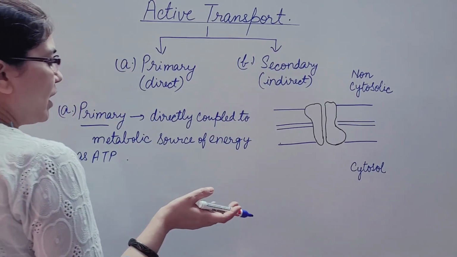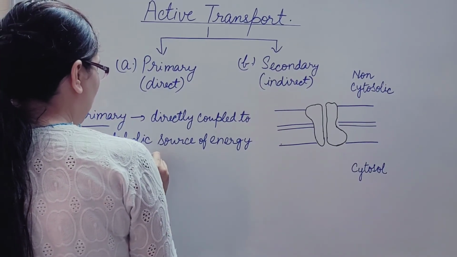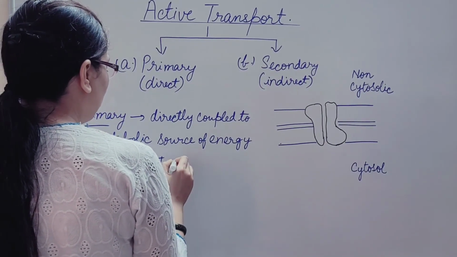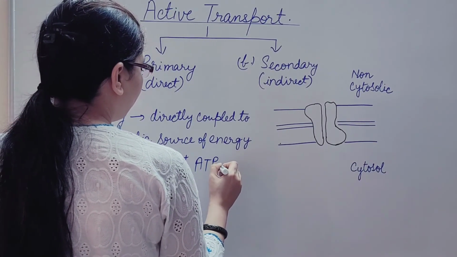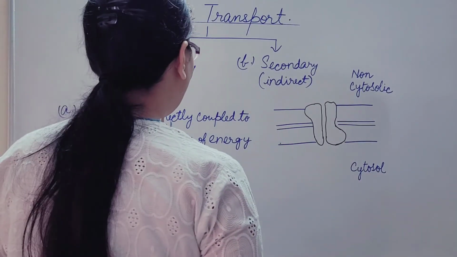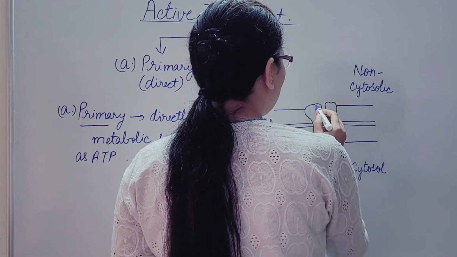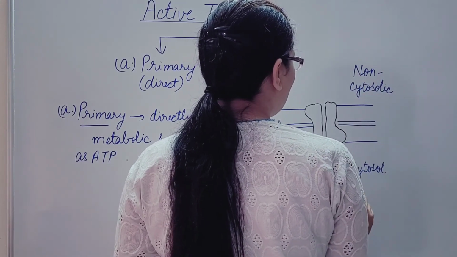Example is the sodium potassium pump that is present in the plasma membrane. It involves sodium potassium ATPase, which hydrolyzes ATP. This is the plasma membrane sodium potassium ATPase, non-cytosolic region, and this is the cytosolic region.